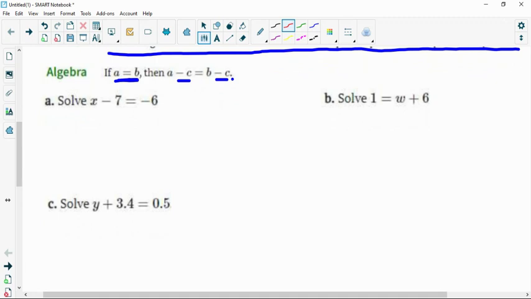We decide which one based off of what sign is in front of the number. It's a -7, and we use the opposite to undo. So the opposite would be to add 7 to both sides of the equal sign. -7 plus 7 leaves me with 0, so over on the left, it is just x.